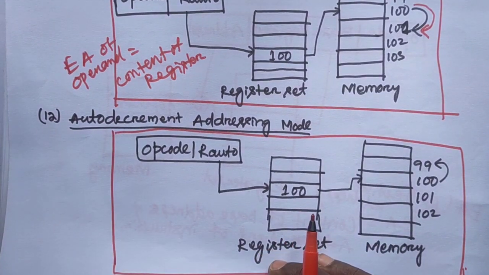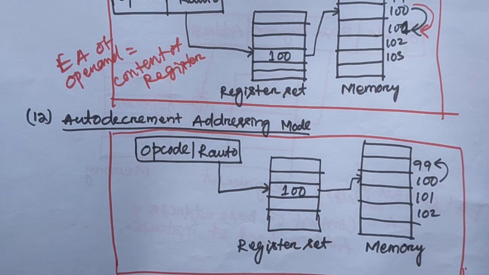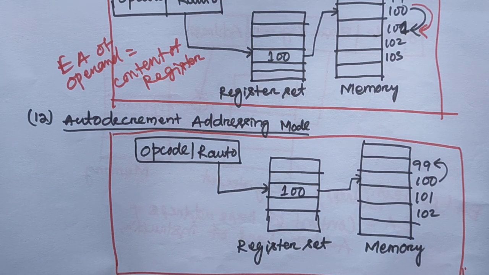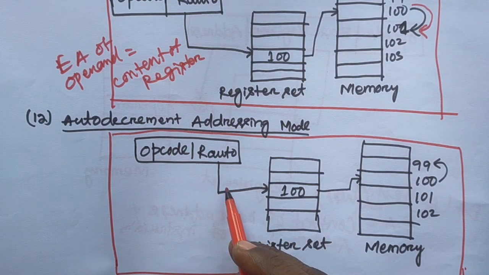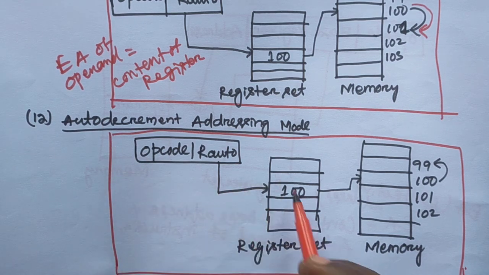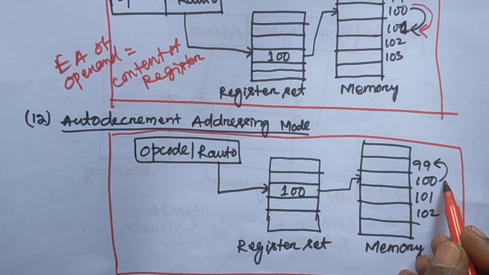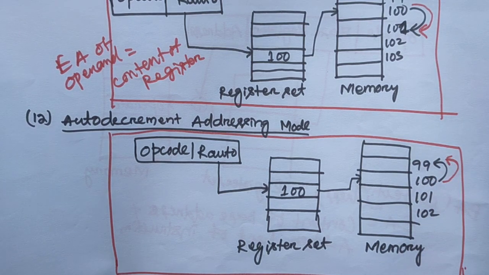Similarly, with the auto decrement concept, the address will decrease. Here the address is 100, pointing to 100, and decrease means 100 decreases to 99.